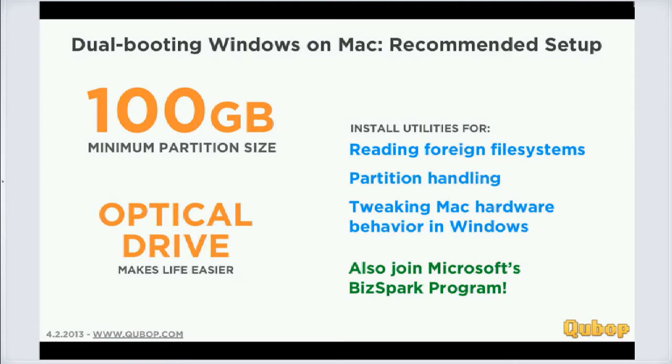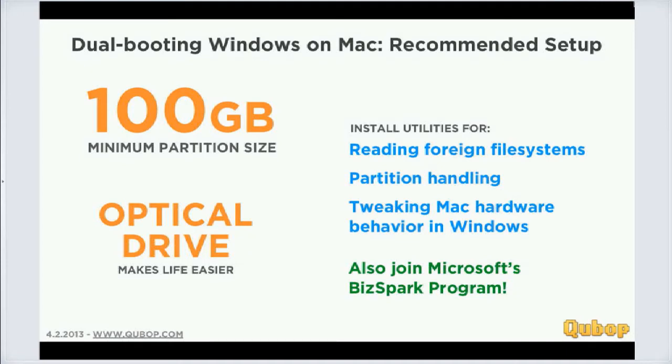So you want a decent partition, and it's a lot easier also if your machine has an optical drive. So Mac Pro works well, MacBook Air, people do it, but there's a little more messing around because you often get your Windows install disks and support software install disks burned to DVD when you download DVD images from Microsoft.